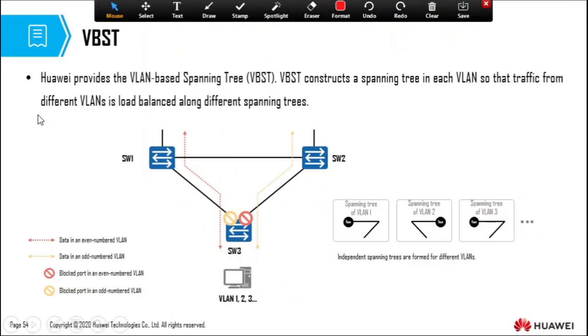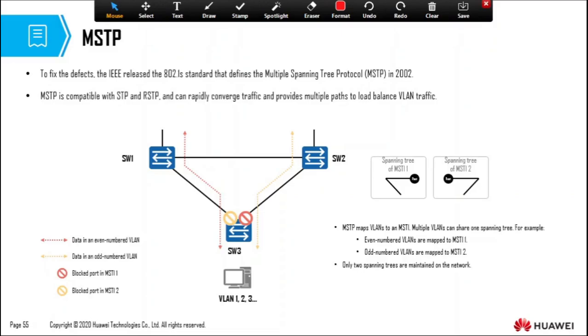is what we call VBST. I'm meeting this for the first time, but maybe I can start from MSTP before I go to VBST. So MSTP, let's try and understand what MSTP is.